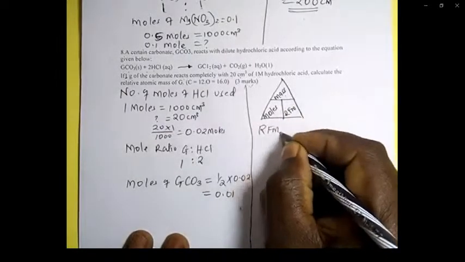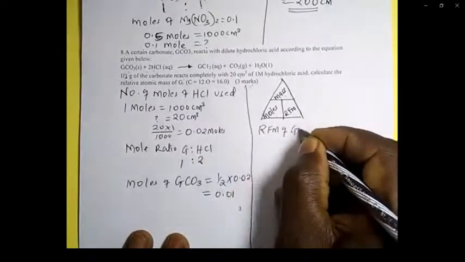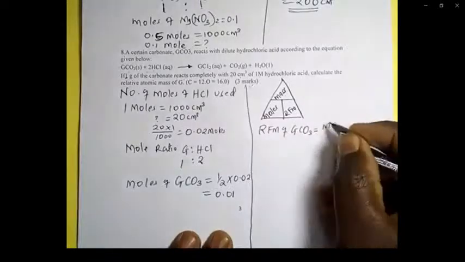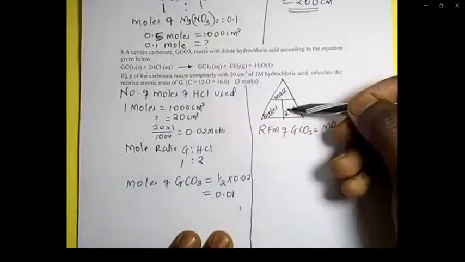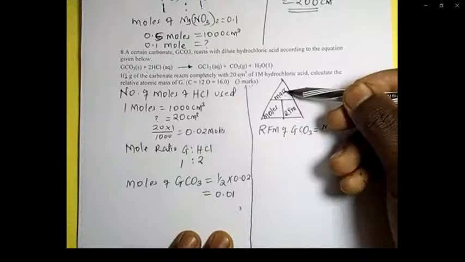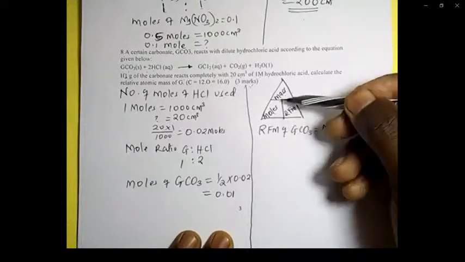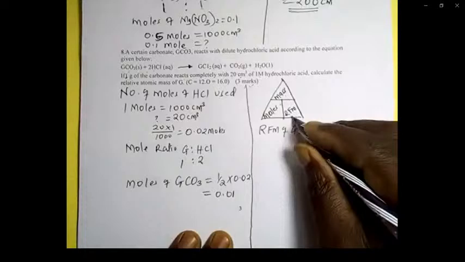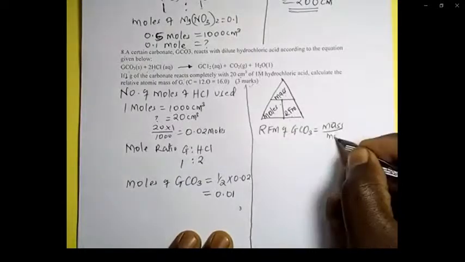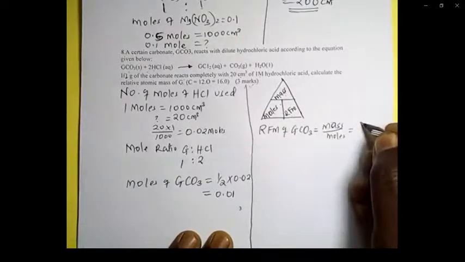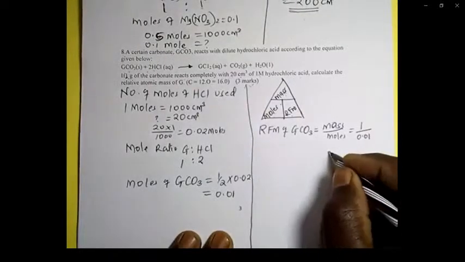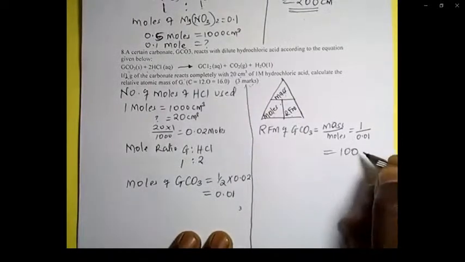So RFM of the G carbonate is equal to mass over moles. Mass is 1 divided by moles, which is 0.01. So the RFM is 100.